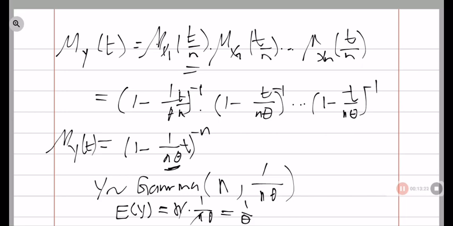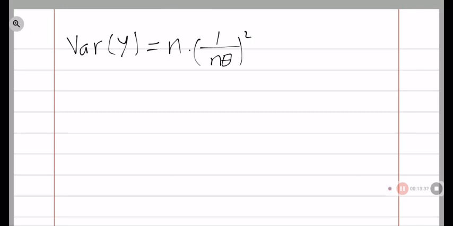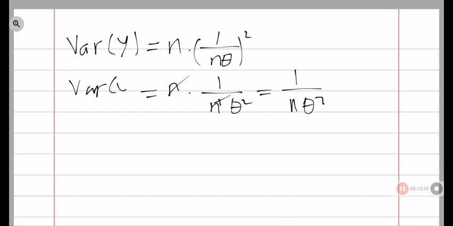Now the variance of y equals n times 1 over n theta squared, so that equals n times 1 over n squared theta squared. The n's cancel out, so the variance will be 1 over n theta squared. That's the variance of y, or we can say this is the variance of x bar.